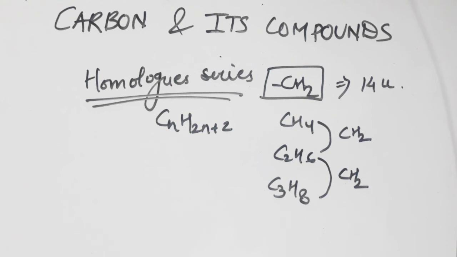The third important point is that the physical properties of members change gradually as the number of carbon atoms per molecule increases. The fourth point is that the chemical properties show gradual similarity, that is, they will also show similarities. And the last point is that all the members of a homologous series can be prepared by using the same general method of preparation. These were a few points regarding homologous series.